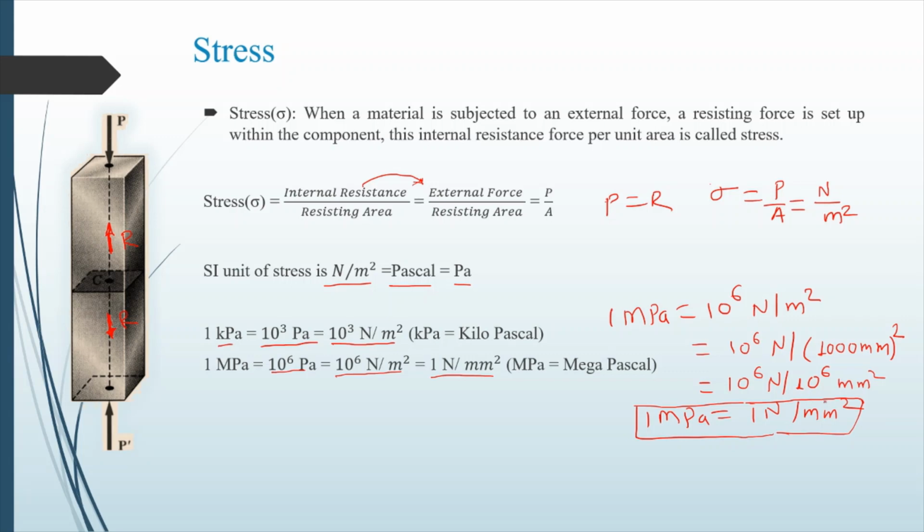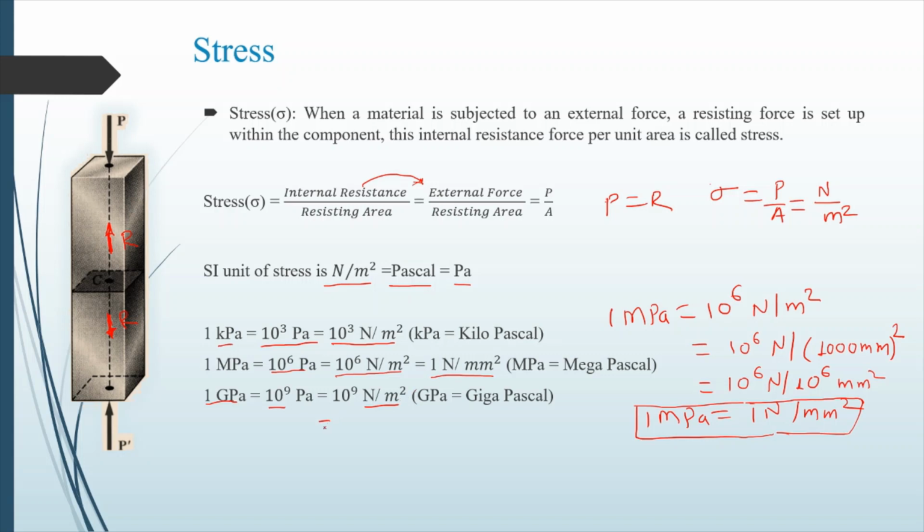The next conversion is 1 gigapascal is equal to 10 raised to 9 Pascal. Giga stands for 10 raised to 9. So 10 raised to 9 Pascal means Newton per meter square.